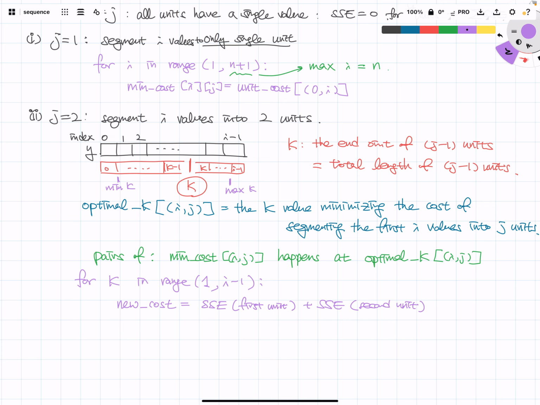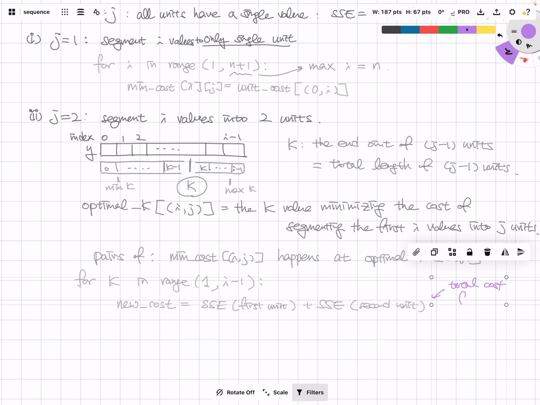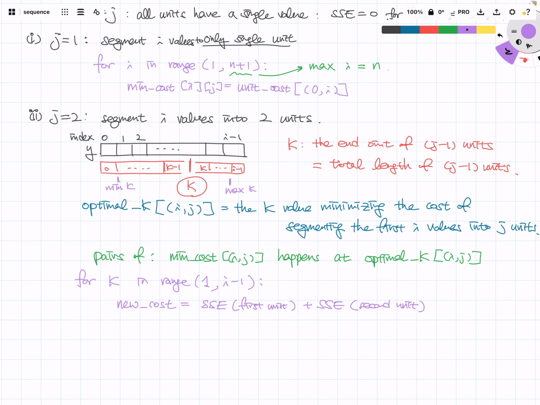That's the cost for given total cost. This is the total cost for a given k. Okay?